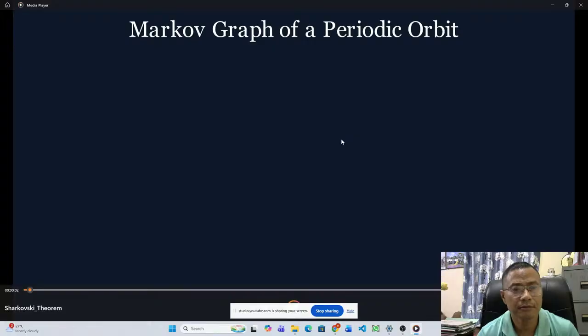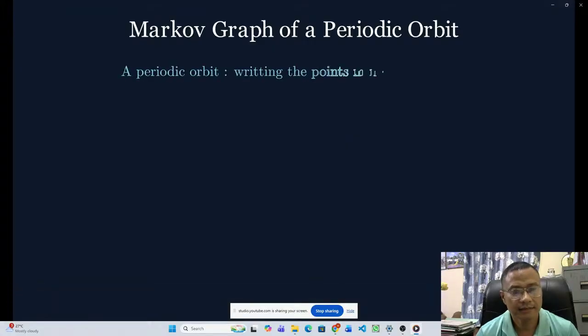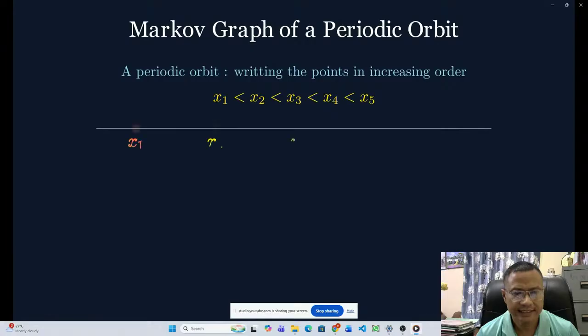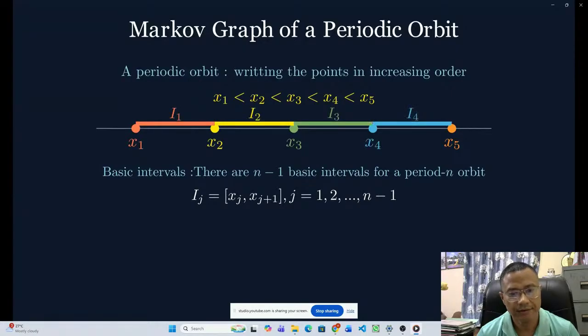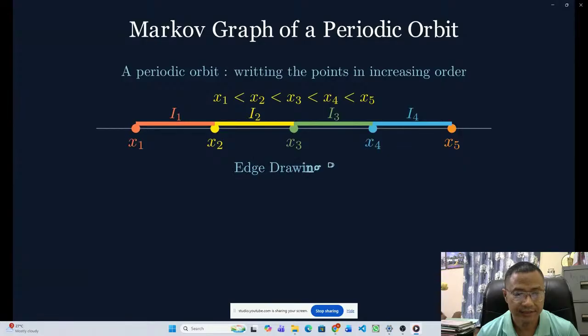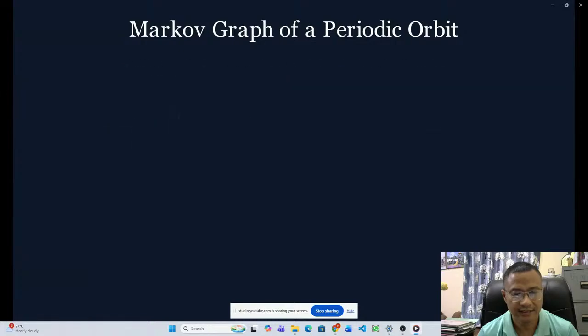First, the Markov graph. A Markov graph consists of vertices and edges. Let us see an example of a periodic point of period 5. There are 5 distinct points of the orbit of a periodic point of period 5. The distinct orbit points are labeled in their natural order as x1, x2, x3, x4, and x5.